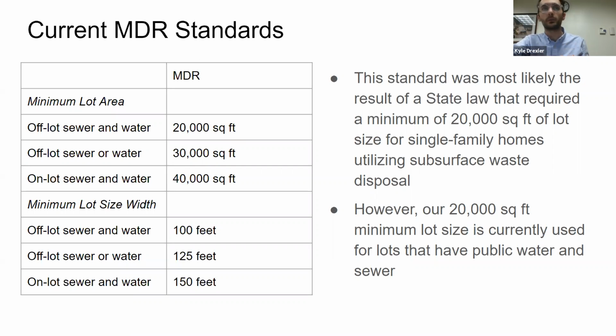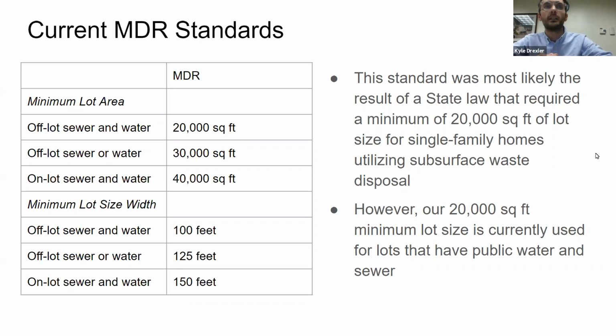And then on-lot sewer and water would obviously be your septic and your well. As you get further out into the rural districts, away from town, you're going to find more of those. But the MDR, as mentioned in that purpose a few slides ago, is primarily a district to be serviced by town water and sewer. So we're primarily concerned with the off-lot sewer and water line here.